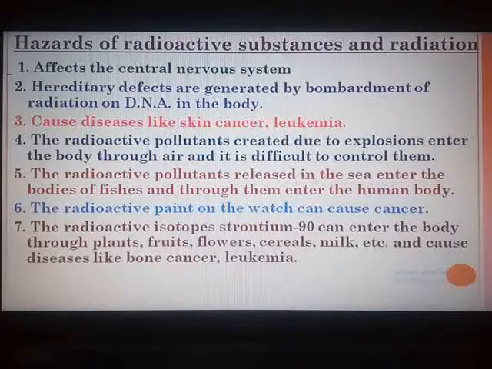About the uses, as I have told you, go through them, because uses or positive sides should be memorized more. And with this we complete the discussion of the second topic of the chapter, that is radioactive substances and radioactivity.